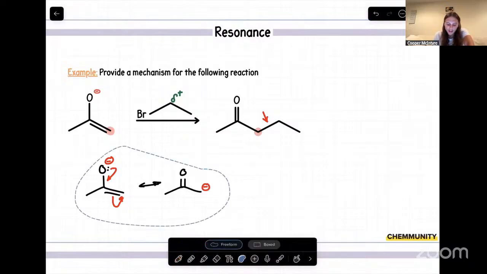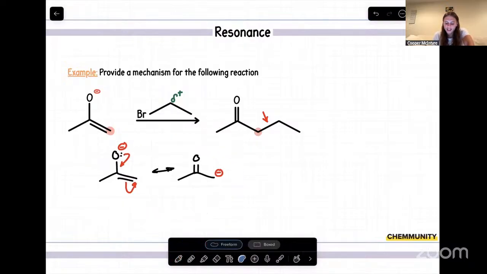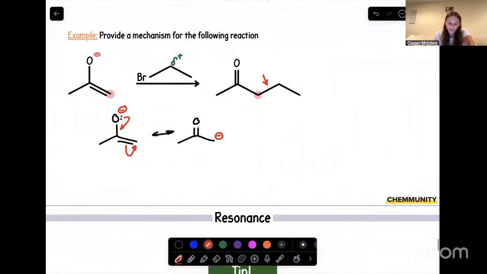So by showcasing those resonance forms, we see how that carbon can be nucleophilic and where that negative charge comes from. And overall, if we were to showcase a mechanism for the reaction, we'll go ahead and draw out what's called an enolate. Draw out our arrow.